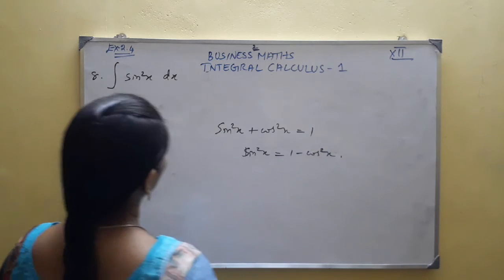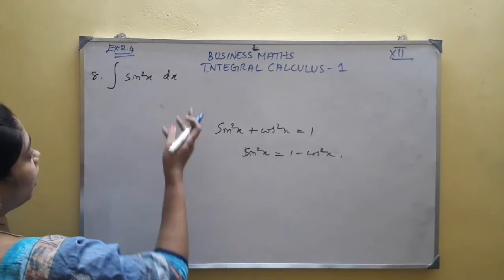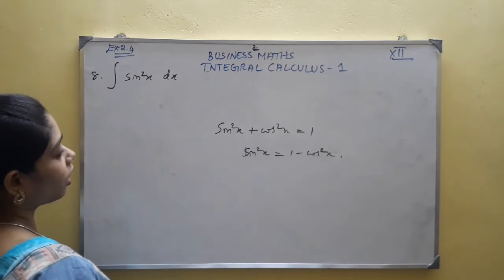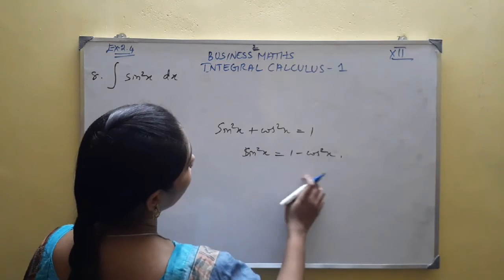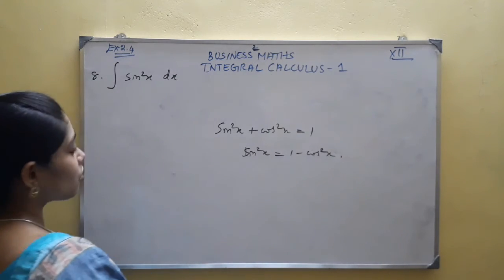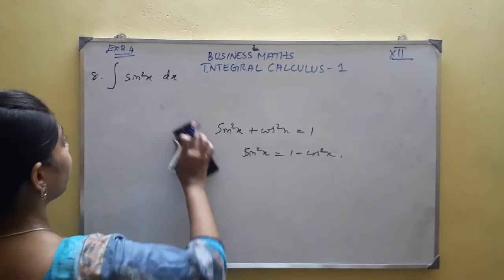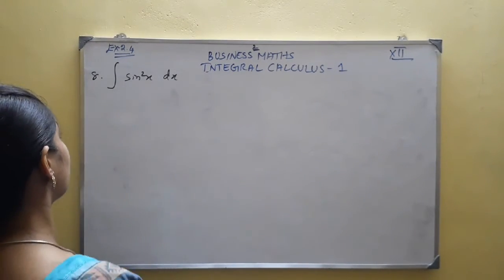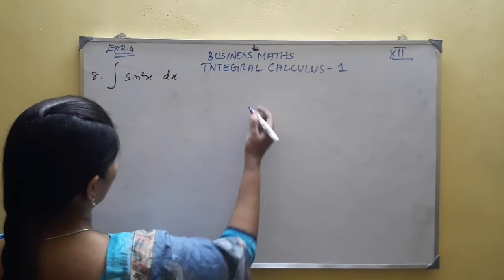Don't use this formula. Whenever we have a higher power for a trigonometric function, it is difficult for us to do integration. If you use this one, again you will get a higher power for the cos function. So don't use this identity if you don't want higher powers of trigonometric function.